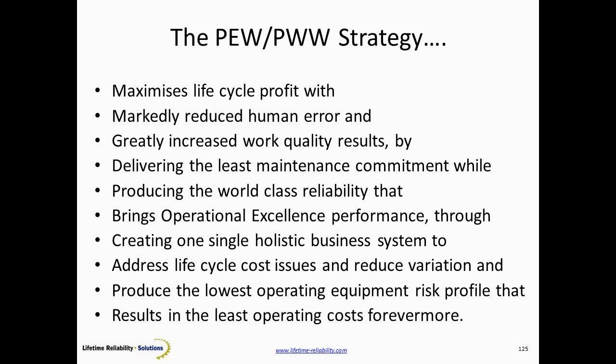So it's about maximising life cycle profit with markedly reduced human error and greatly increased work quality results by delivering the least maintenance commitment while producing world-class reliability that brings operational excellence performance through creating one single holistic business system to address life cycle cost issues and reduce variation and produce the lowest operating equipment risk profile that results in the least operating costs forevermore.